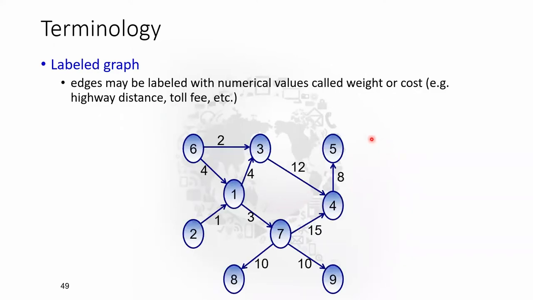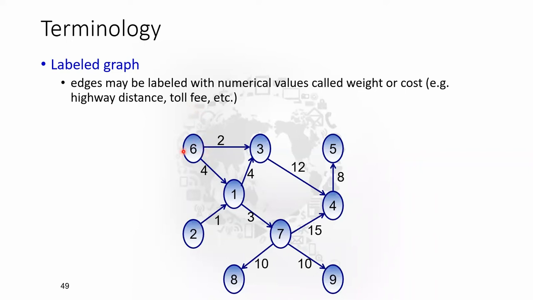Labeled graph. A labeled graph is basically the same as the directed graph shown here. It's just that previously it didn't have weights on the edges, but now we can see there is a value on each edge. This is what we call the weight or cost. What does this weight or cost mean? If we are talking about going from one destination to another, it can be the distance, like how many kilometers, or it can be the toll fees.